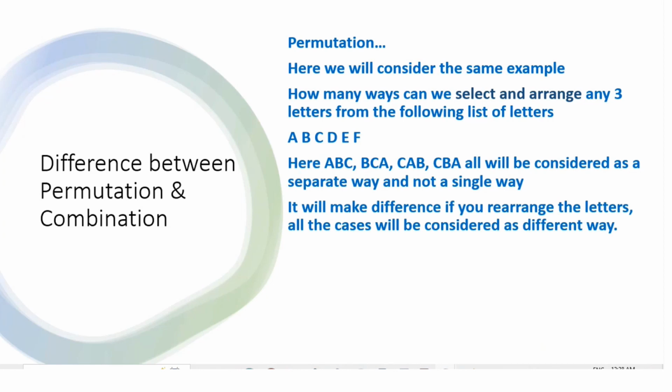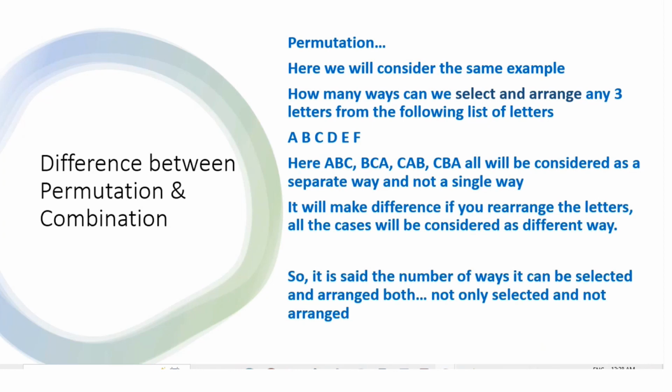It will make a difference if you rearrange the letters in the case of permutation. So in any numerical, if you feel the need of arrangement and selection, we will select permutation. But if we feel only the way of selection is important and not the arrangement, then we will select combination.